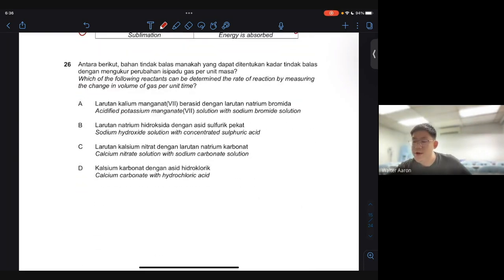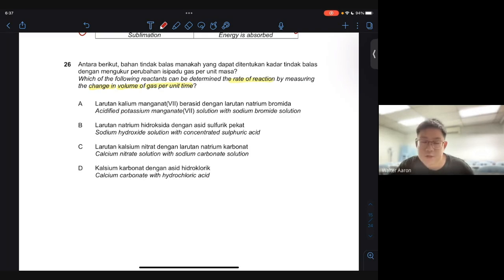26, which of the following reactants can be used to determine the rate of reaction by measuring the change in volume of gas per unit of time? So we want to calculate the rate of reaction by the change in volume of gas per unit of time. Which one can actually help you? The answer here is very simple. Look out for the answer which has gas production.